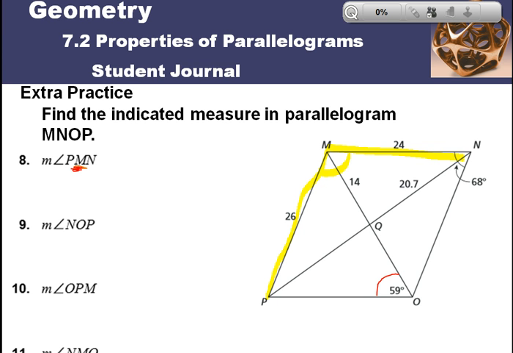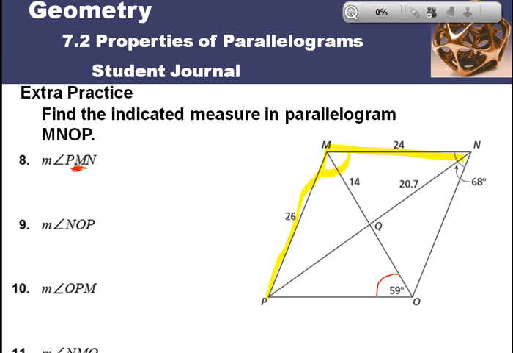And these are not necessarily equal. That is true if this was a different shape, but for any regular parallelogram, these two angles are not necessarily equal to one another, and they're certainly not in this case.